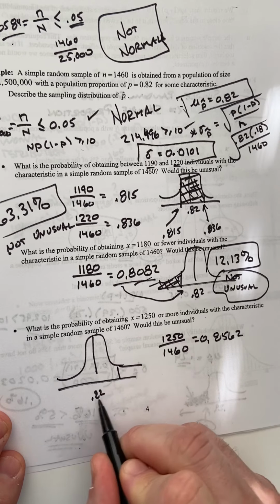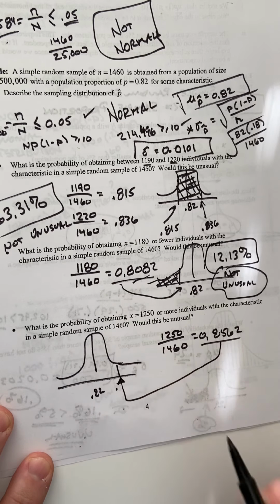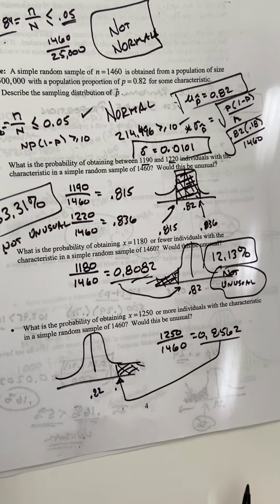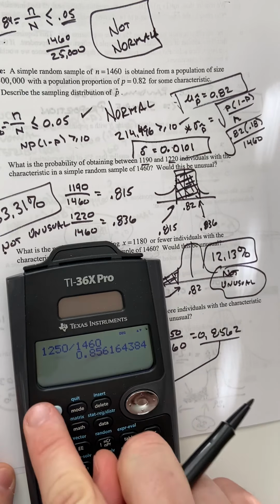That's over here somewhere. It's bigger. So 0.8562. Boom. So we want bigger than that.